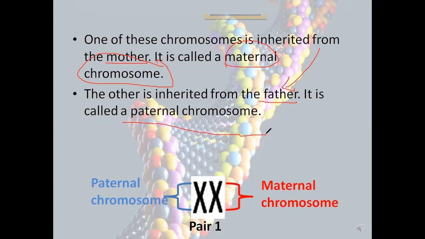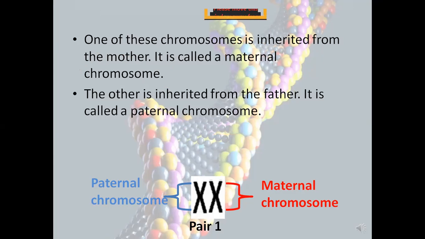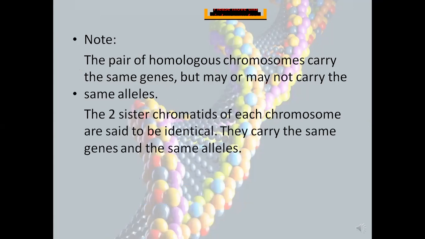So here we have the two sister chromosomes, or the two chromosomes, inherited from each of the parents, and they are termed paternal and maternal. We said that a pair of homologous chromosomes carries the same genes, but not necessarily the same alleles.